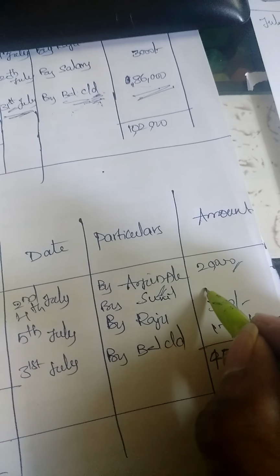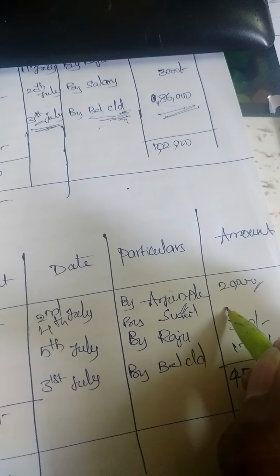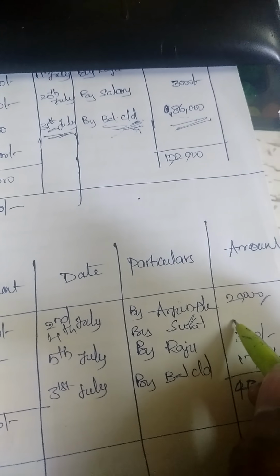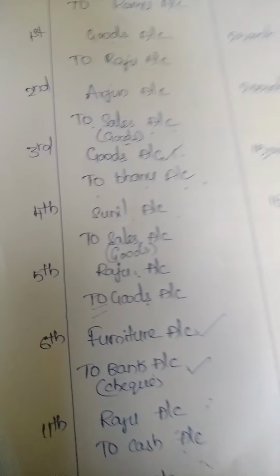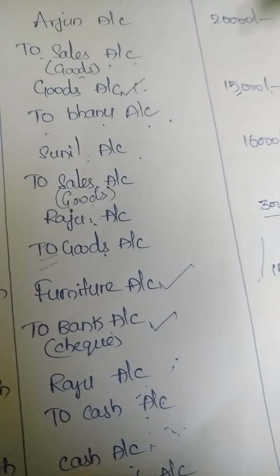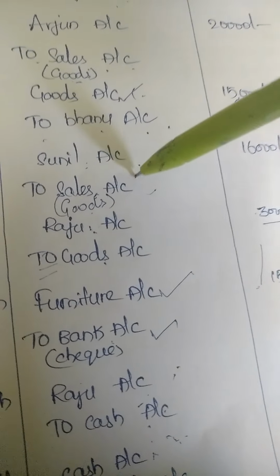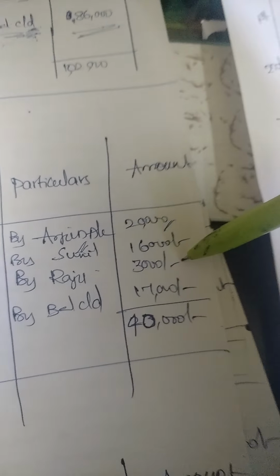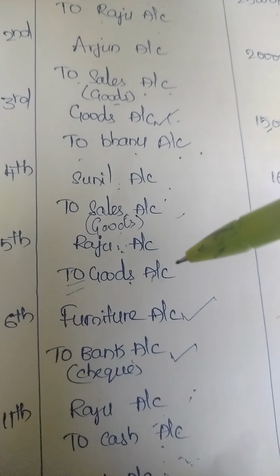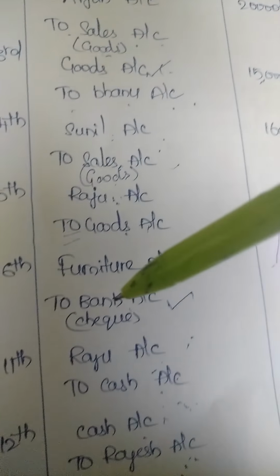The amount is 16,000. So the second one also we have written here. The immediate transaction we have, that is to goods. Again we have to write that by Raju. By Raju, the amount we have to write is the amount given. Next, any to goods information.